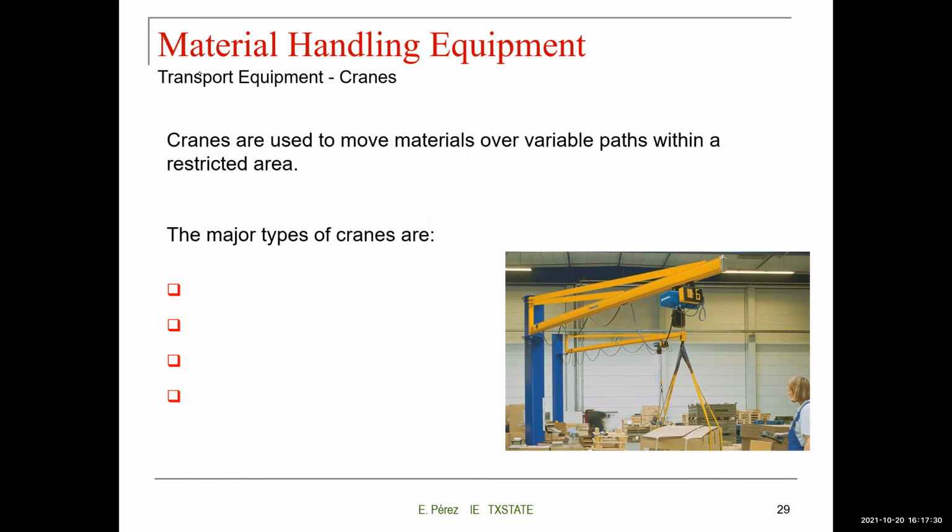So here's a picture of a crane. Cranes are used to move materials over variable paths within a restricted area. The major types of cranes are the jib crane, bridge crane, gantry crane, and the stacker crane.